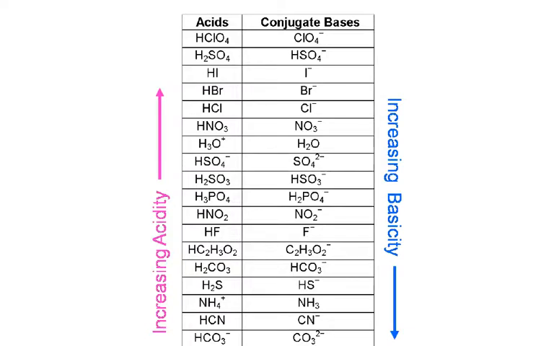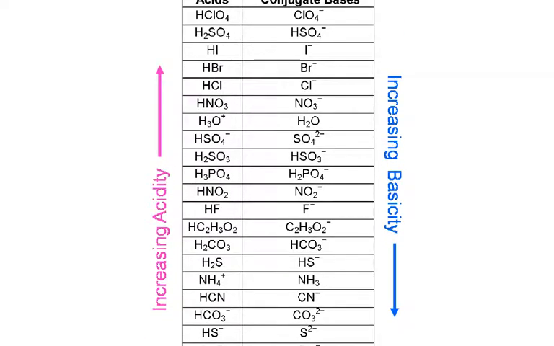Here's a table that can be useful to reference. Notice all of our binary acids, starting with hydrochloric to hydroiodic, are strong. Hydrofluoric, however, is weak. My line between strong and weak is right about here.